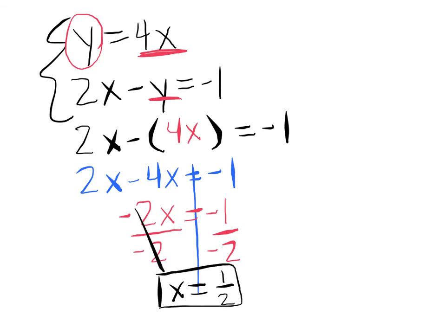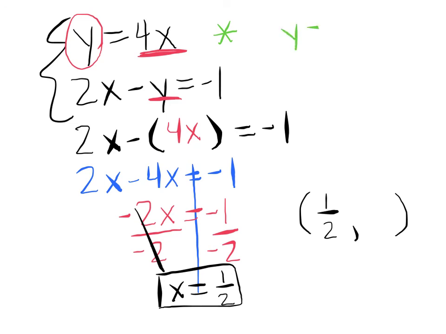Now, we are not quite completely done. When you write an ordered pair, you have two parts to it. We only have the first part, the x. We need to find the second part, the y. And to do that, we need to go back to our original set of equations. Now, we can substitute that x into either equation. I think you guys know which one I'm going to pick right now. The top one, y equals 4x, because it's simpler.